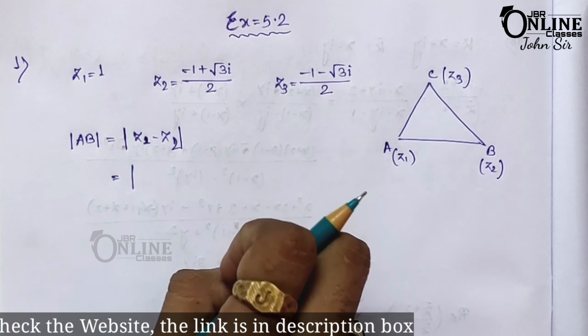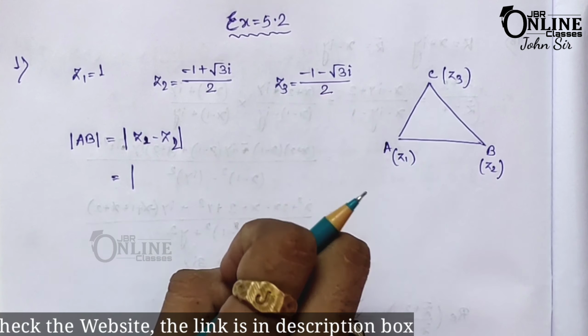So now you have to find out mod AB. The formula to find mod AB is mod Z1 minus Z2, first one minus second one. So as Z1 equal to 1, then minus Z2, as Z2 equal to minus 1 plus root 3i by 2, the LCM will be 2, then 2 plus 1 because minus plus, and then minus root 3i within mod.